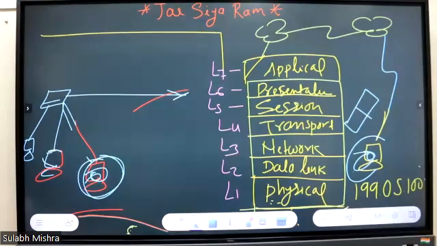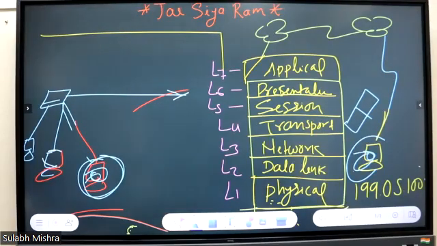Mostly we use OSI for troubleshooting. If the problem is layer 1, layer 1 means cables, hubs, and repeaters. So we can segregate the problem: the problem is in your layer 1, layer 2, or layer 3.